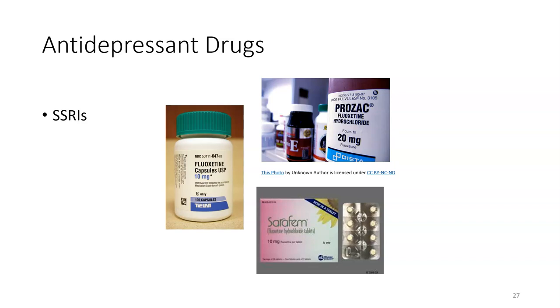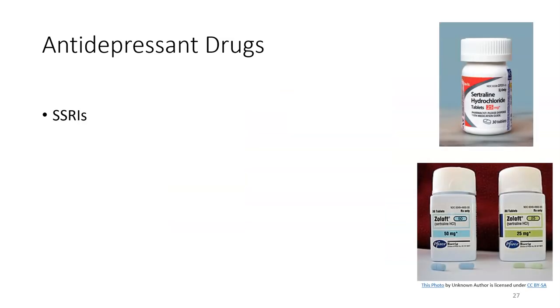It also is available as Serafem because it's used for PMDD. And then sertraline, which is a little bit different, is available by the brand name of Zoloft. So again, be aware of the drug stem: citalopram or escitalopram, it's not PAM, it's PRAM.